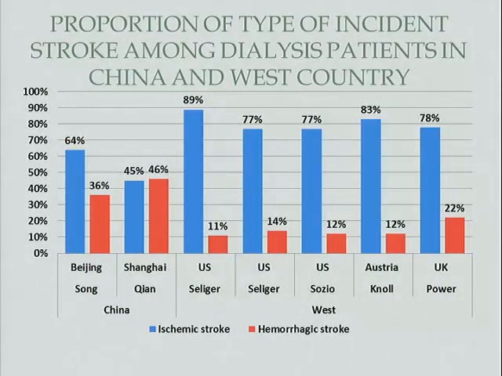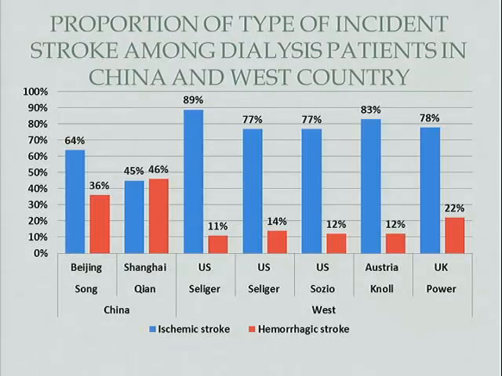Yes. And just one other interesting fact in regard to strokes: how different the proportion and type of stroke is in the East, in Beijing and Shanghai, compared to the United States, and in this case Austria and the United Kingdom, in that hemorrhagic strokes are far commoner in the East, and ischemic strokes are far commoner in the United States and in Europe than they are in the East.